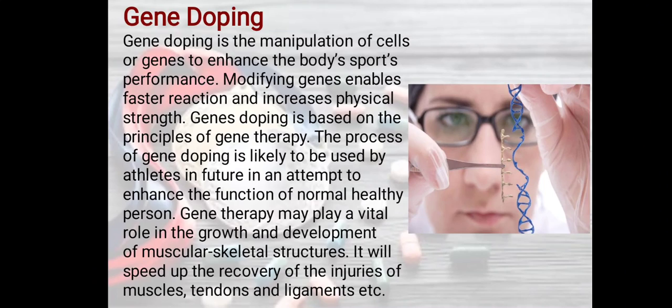So gene therapy plays a very vital role in the growth and development of the musculoskeletal structure. It speeds up the recovery of an injury. If any player has got injured, it helps us to get recovery faster, injuries related to the muscles, tendons, and ligaments.